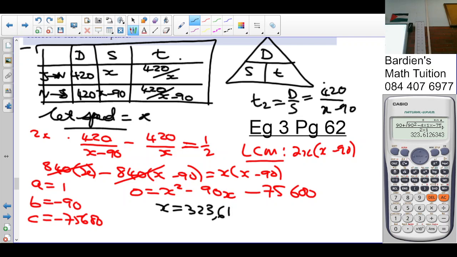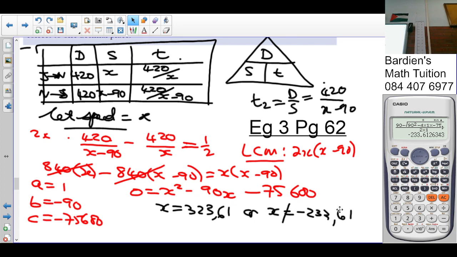Or we replace that plus with a minus, which is negative 233,61. X is equal to negative 233,61. But can the speed be negative?